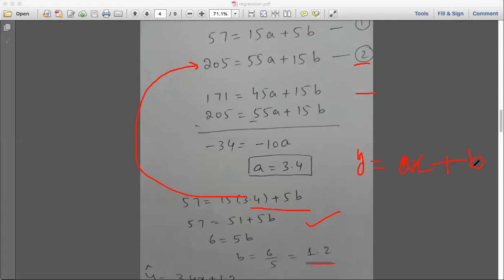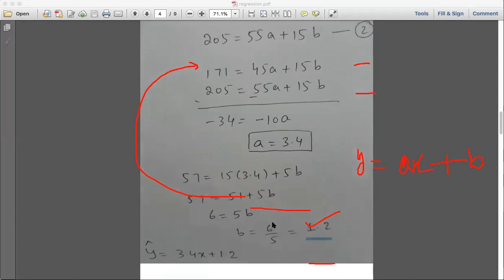Put the values in this. You can see at the bottom of this slide y hat is equal to 3.4x plus 1.2. So this is the regression line y in terms of x. This is very easy. What did we do?